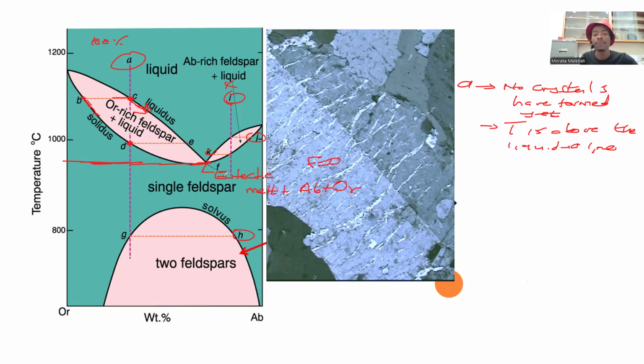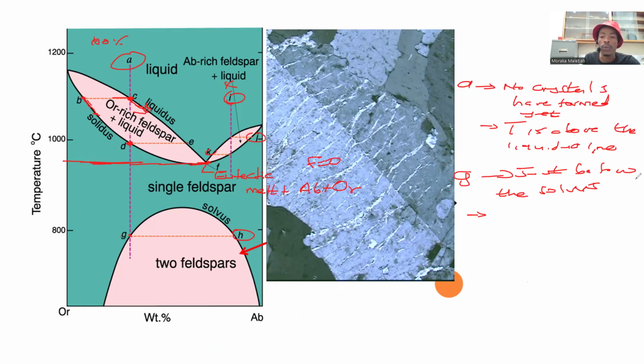Okay, but once things start to get to G, the thing that we talked about, what did we call it? We said at G, what we realize is we are just below the solvus.